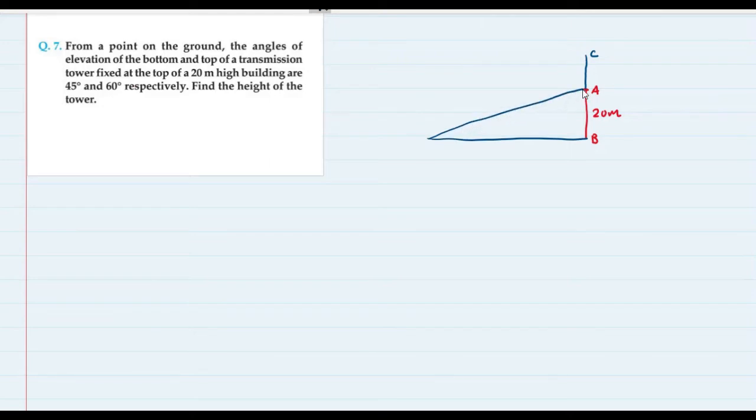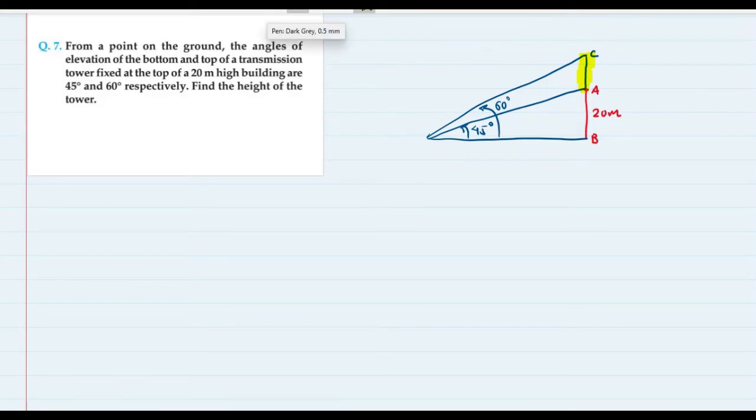So if I look here, this is making 45 degrees, but if I look at the top of the transmission tower, that is at this point, this angle which is being made, from here to here, it is 60 degrees. 45 degrees and 60 degrees. Find the height of the tower. Height of the tower means which height they want to find? Height of the transmission tower, that is AC. We have to find the height AC.